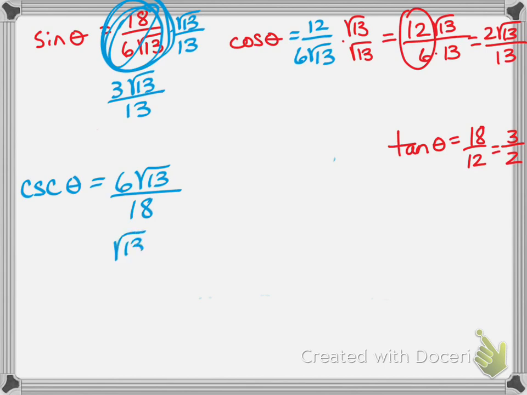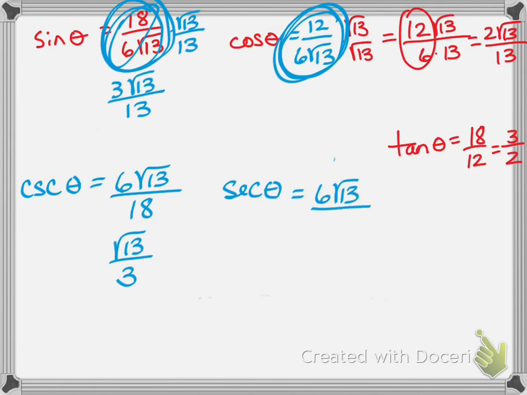So it's square root of 13 over 3. That's that answer. Secant, again, if you had to rationalize to get your final answer, go back to the step before you rationalized. That way you don't have to rationalize again. So it's 6 square root of 13 over 12, and 6/12 will be square root of 13 over 2. Tangent, we didn't have to rationalize, so cotangent's just a reciprocal.